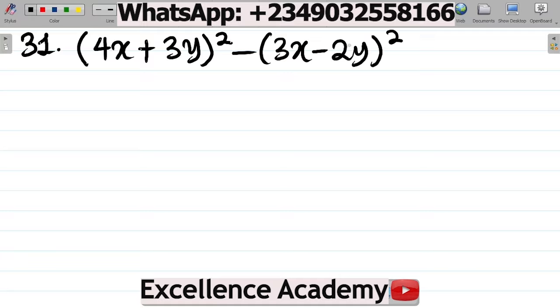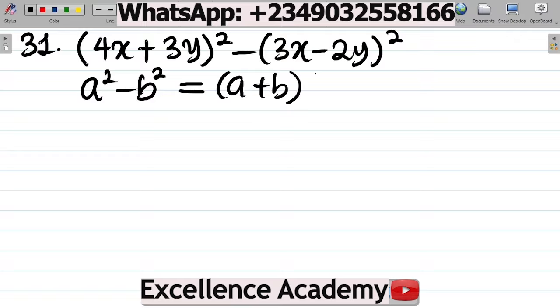So how do we simplify this? If you look at this, this looks like a difference of two squares. Recall that in a difference of two squares, you have a squared minus b squared, and a squared minus b squared is equal to a plus b multiplying a minus b.